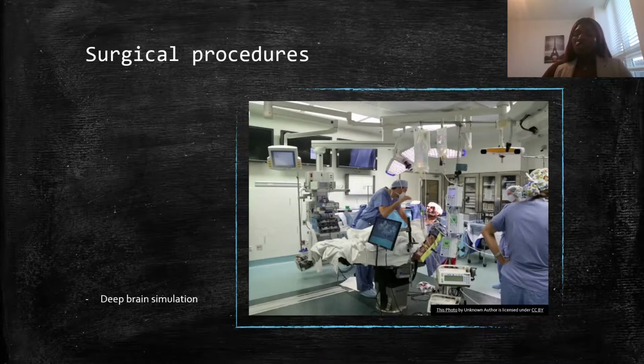Now, surgical procedures are mainly used for the really extreme cases of Parkinson's. The surgical procedure that is mainly used is called deep brain stimulation. In this method, surgeons implant electrodes into a specific part of the brain, and the electrodes are connected to a generator implanted in our chest near our collarbone.